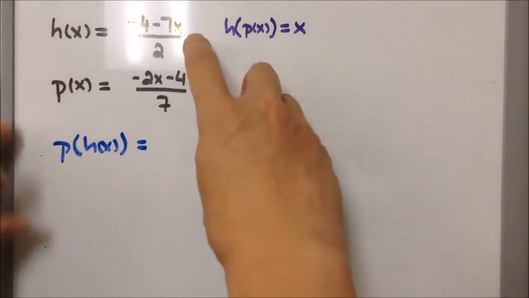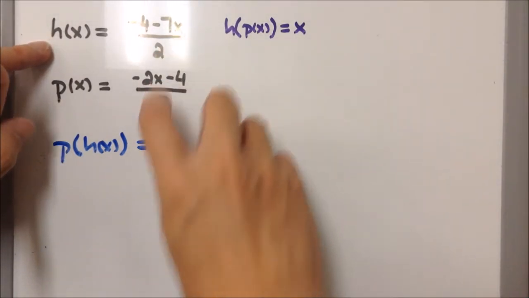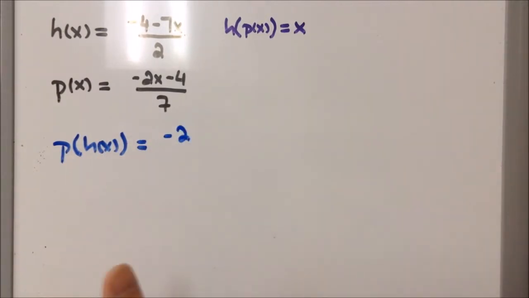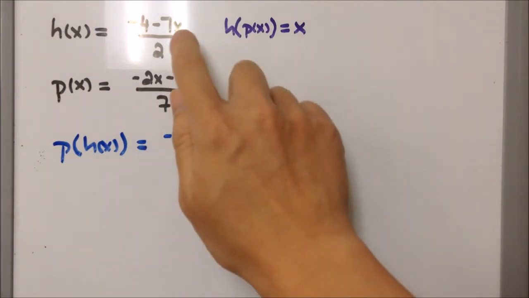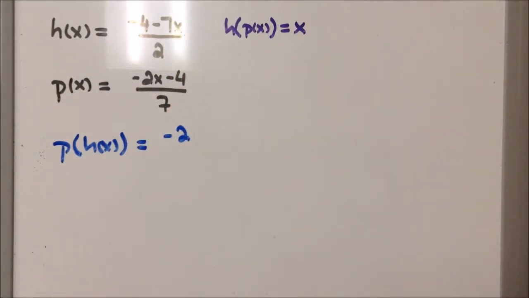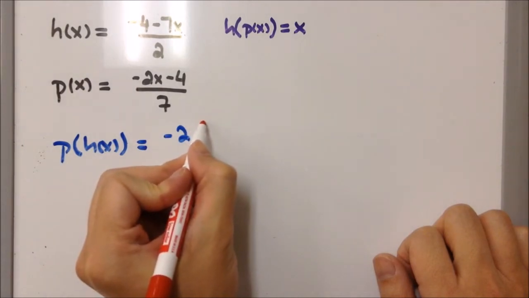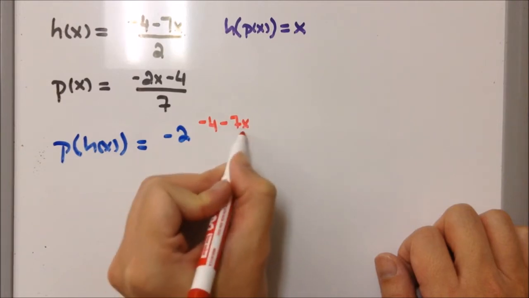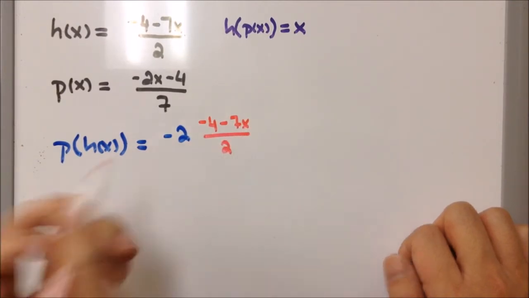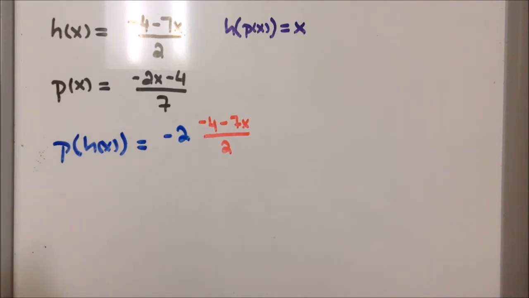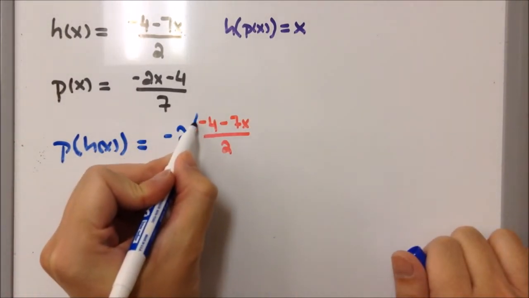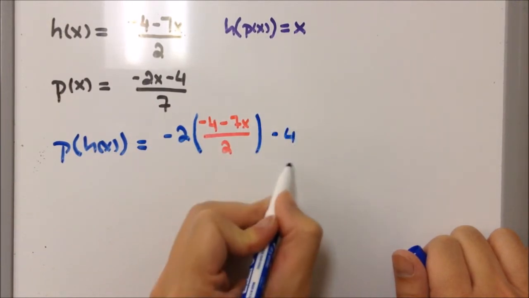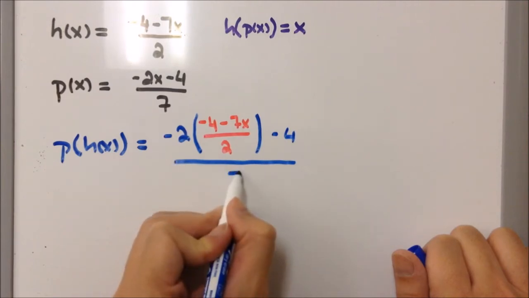Okay, so again, this h of x, this function, we're going to plug into that x. So for p of x, it's negative 2. Alright, now, since it's an x, that means we plug in this function. So, negative 4 minus negative 7x divided by 2. Alright, let me put in the parenthesis. And then minus 4, the whole thing divided by 7.